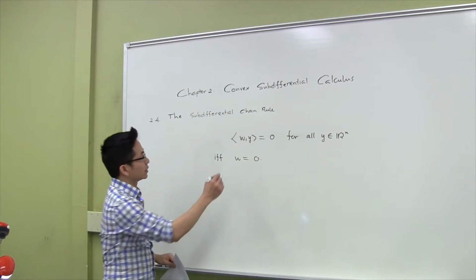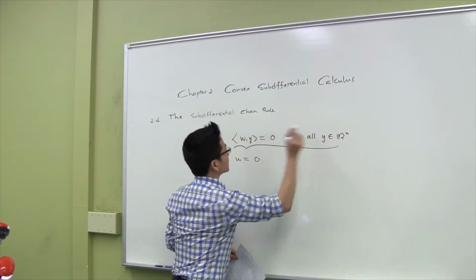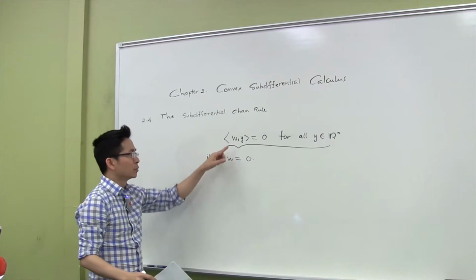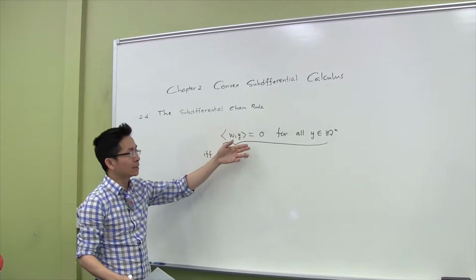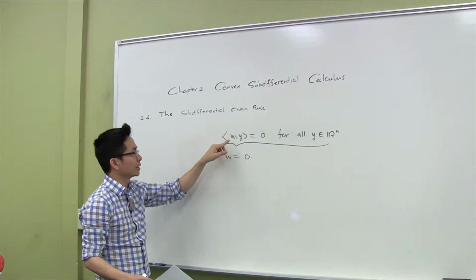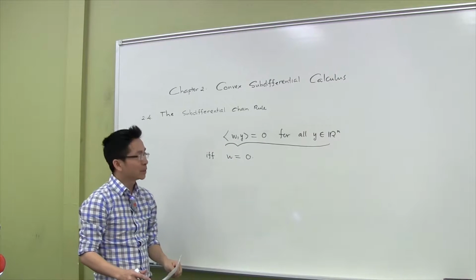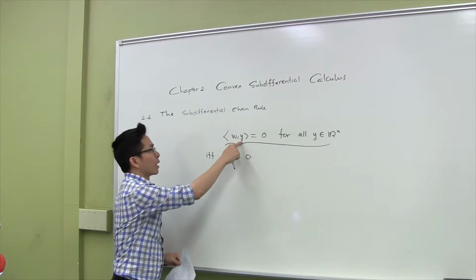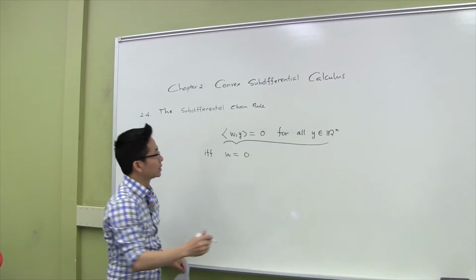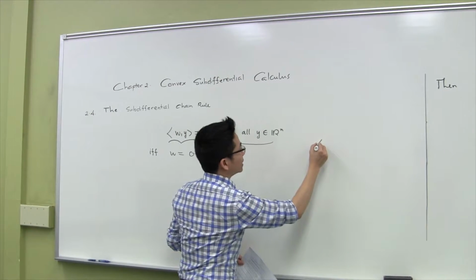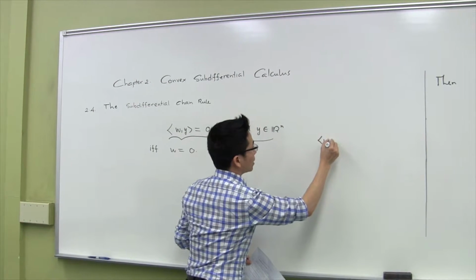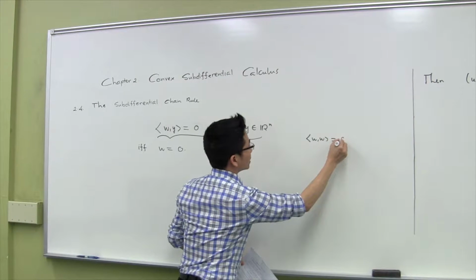Now, if this is true, then we can choose any y in Rn and we have that the inner product of w and y is equal to 0. So, in particular, we can choose y to be w. Then we have the following. The inner product of w and itself is equal to 0.